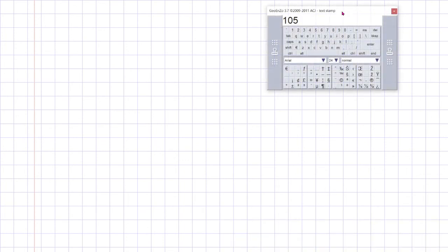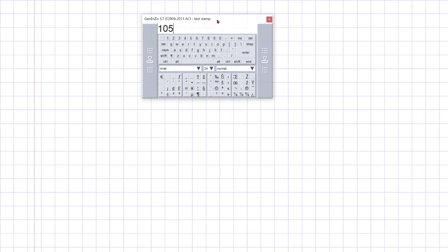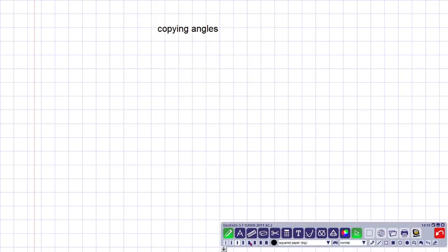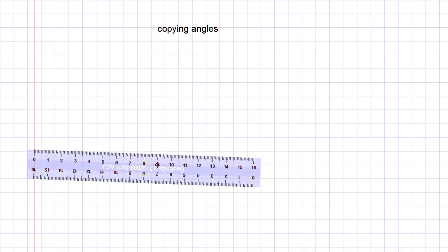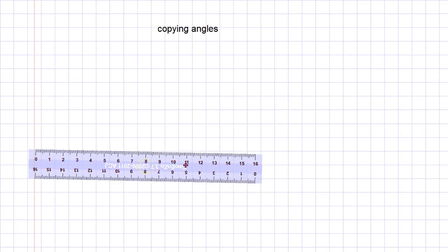Now let's copy angles. How to copy angles? First draw any angle.